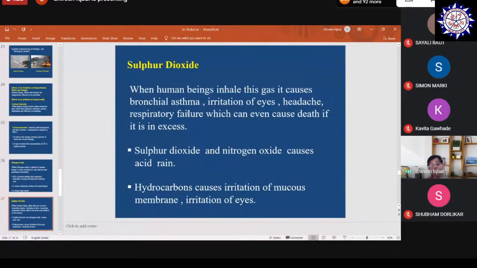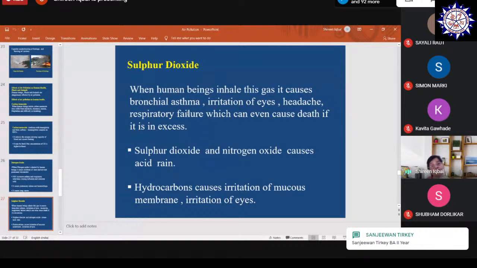Hydrocarbons also cause irritation of mucous membrane. Mucous membranes like lips, very soft membranes, are known as mucous membrane. They are lips, mouth, eyes, तो जो भी soft organs, जो भी soft part होता है, that is the mucus. तो उसके अंदर irritation होता है.